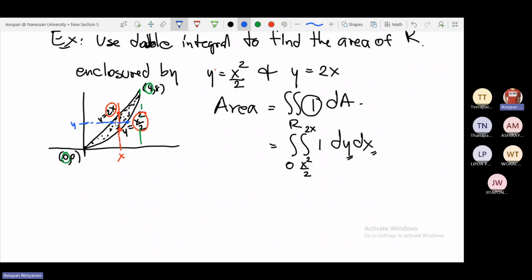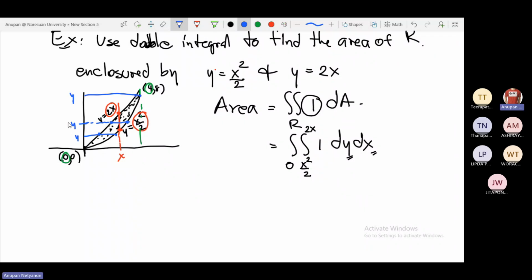This line is where your y is constant, and x runs from the point on the line to the point on the parabola. Let's look at this particular fixed y. The running number for x is from this point on the line to the parabola, same thing. You can see that it's the same pattern here, a point on the line to a point on the parabola. So you can do the integration with respect to x first too.